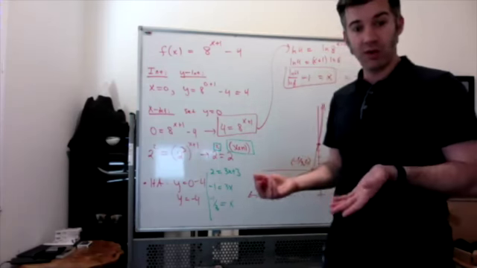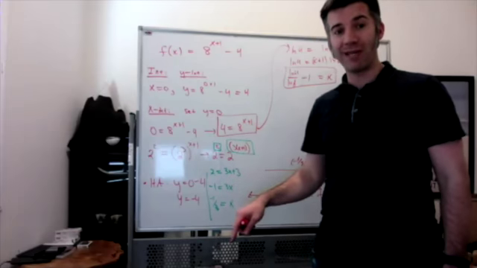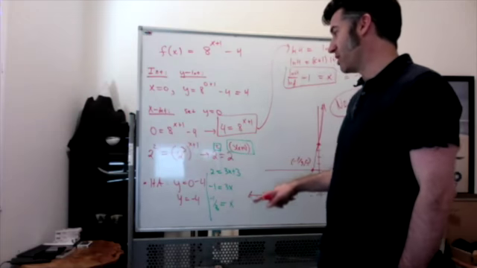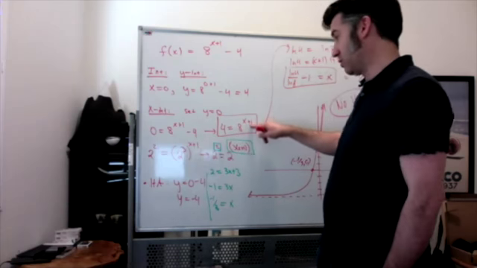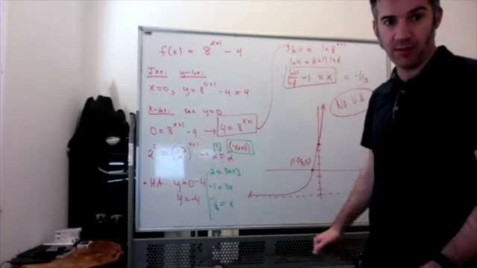So we rewrote 4 as 2 squared, and we rewrote 8 as 2 cubed. And then it's 8 to the x plus 1, so it's 2 cubed to the x plus 1. That's what's happening there.